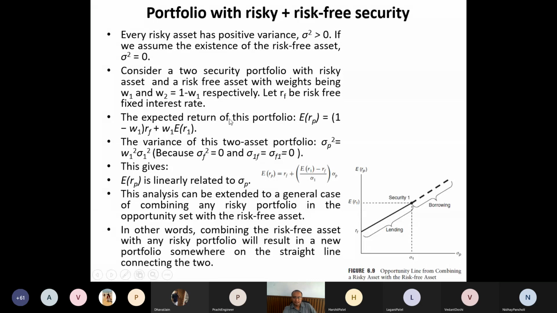There is no chance that I will get a return less than it, because once the company promised me to pay that coupon, unless it defaults, it will pay me, right? And there are less chances of default if you buy a good company bond, or if you buy a government security bond, there is no chance of default. It's a sovereign bond, right? It's a sovereign guarantee by the government of India or by any other government in their respective country.